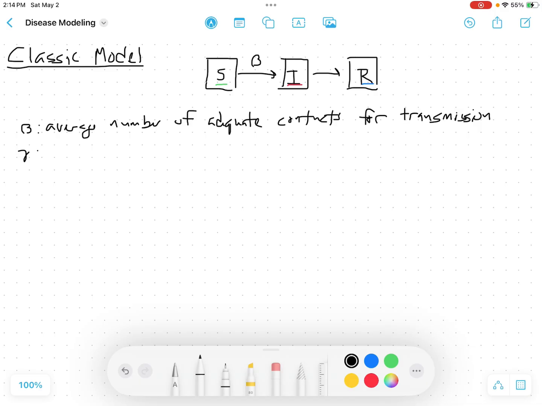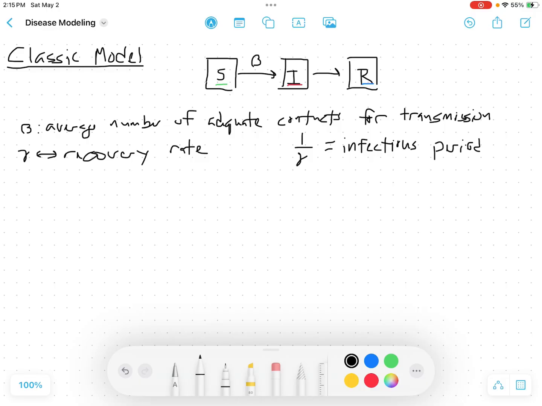Gamma is going to correspond to recovery, so you can think of it as a recovery rate. Maybe more precisely, we could say that 1 over gamma is going to be equal to the time of the infectious period: how long a person with the disease can continue spreading the disease.